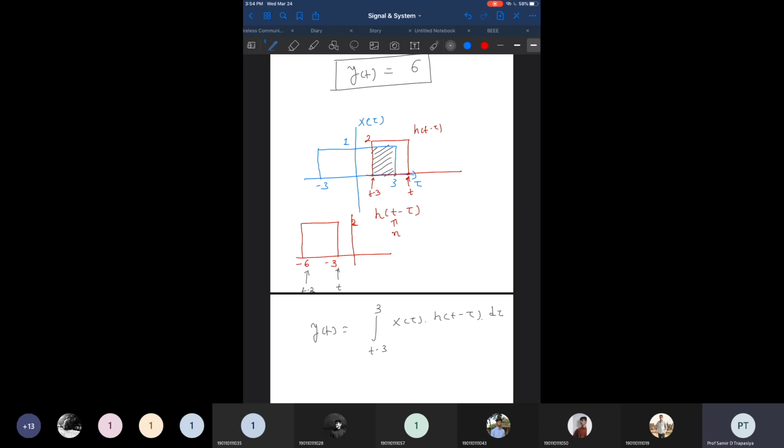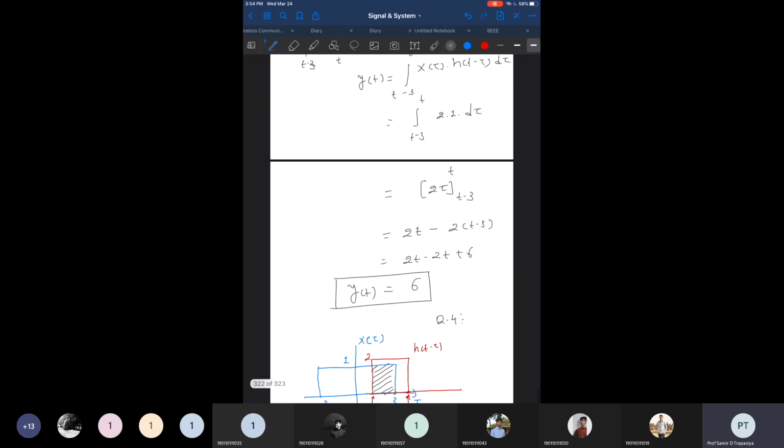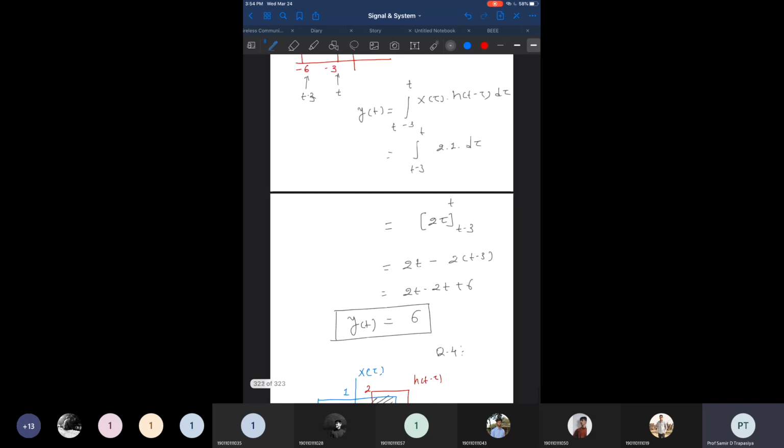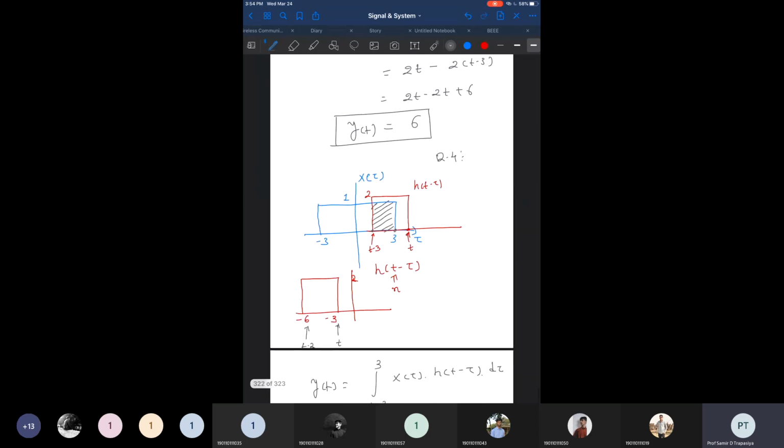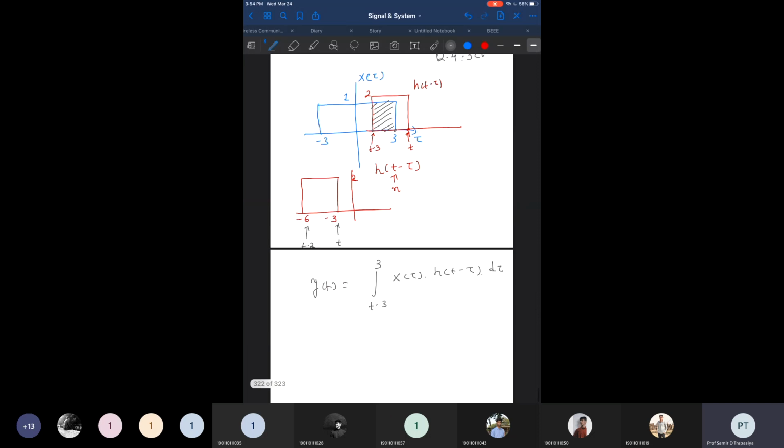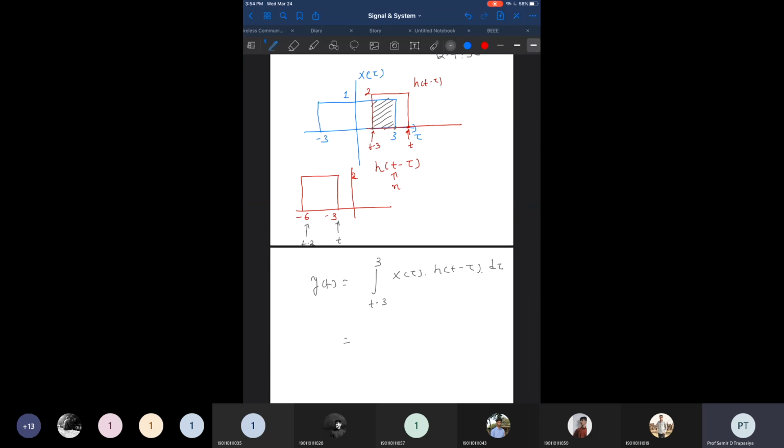In this region, what we have considered is applicable only when t is larger than 3, and the second part we will discuss later on. So here, from t minus 3 to 3, x of tau is 1 in this region, h of t minus tau is 2 in this region, with respect to d tau.